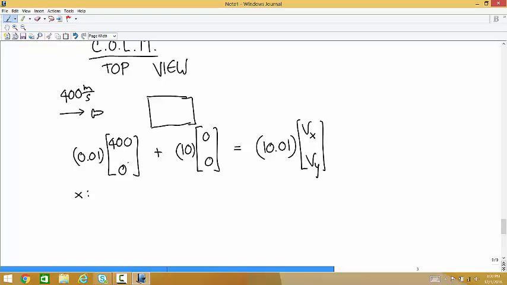So the x equation says 4 is equal to 10.01 Vx. The y equation says 0 is equal to 10.01 Vy. So for Vx, what's 4 divided by 10.01? 0.3996 or something, two nines.